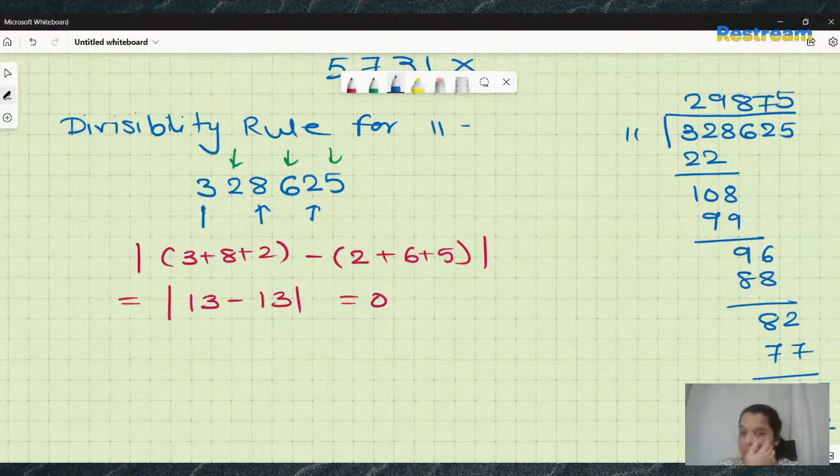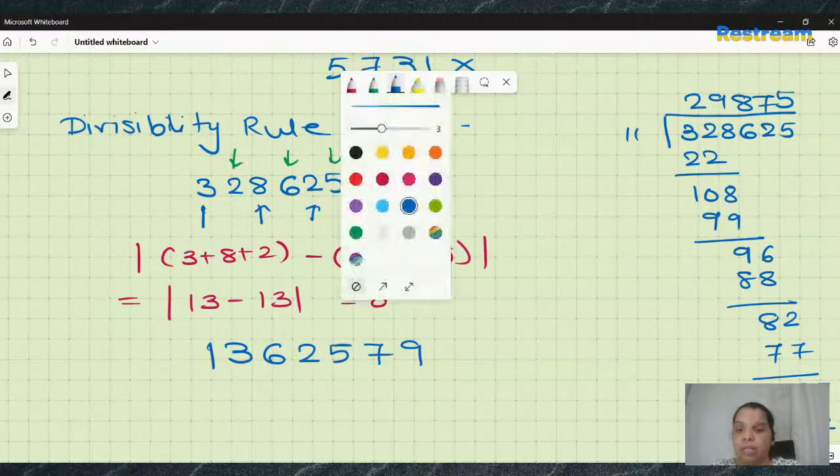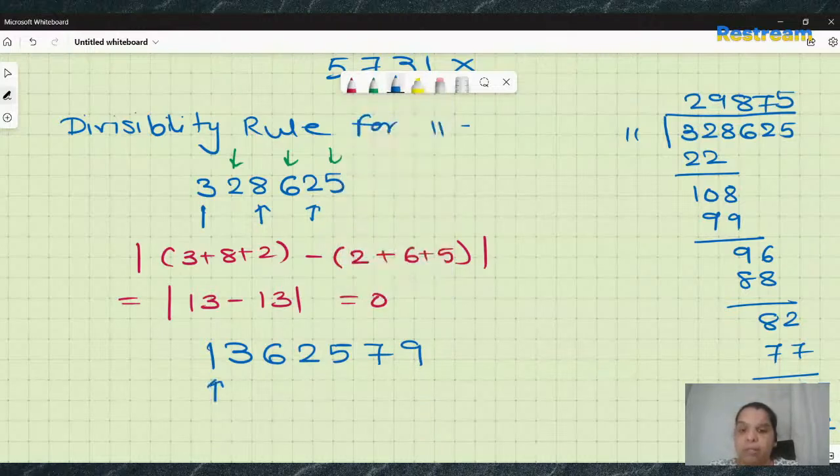Now let's check another big number. 1, 3, 6, 2, 5, 7, 9. So again, these are my odd place digits. And these are my even place digits.